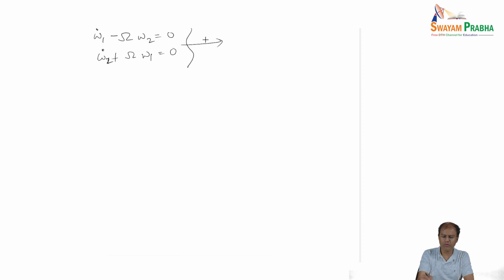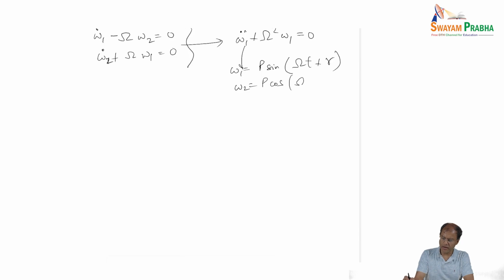Now if we solve these equations simultaneously, we get omega 1 double dot plus omega square omega 1 is 0, and from here we can quickly solve that omega 1 is p sine (omega t plus gamma), where gamma could be the phase angle, and omega 2 will be the cosine of this same angle, omega t plus gamma, and omega 3 is n.